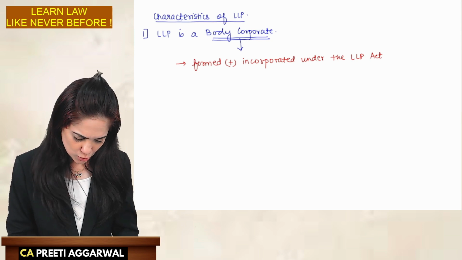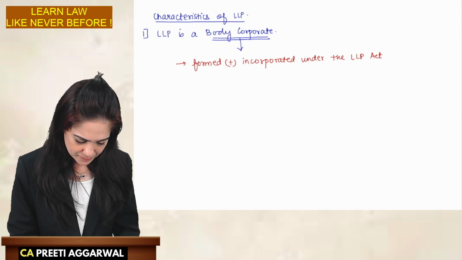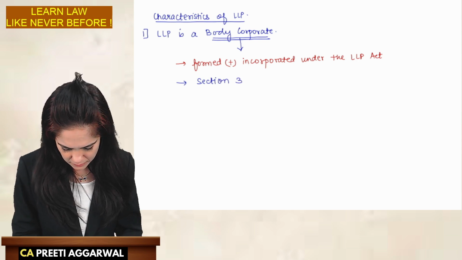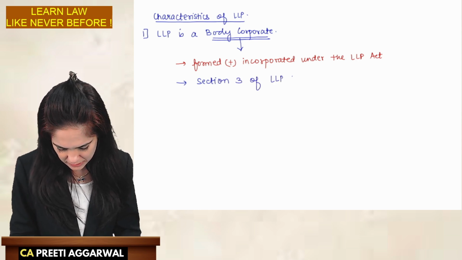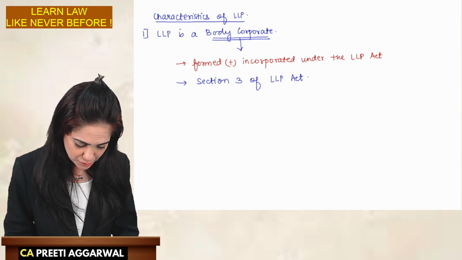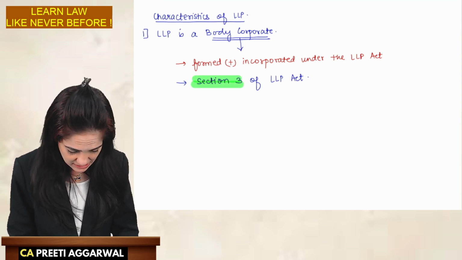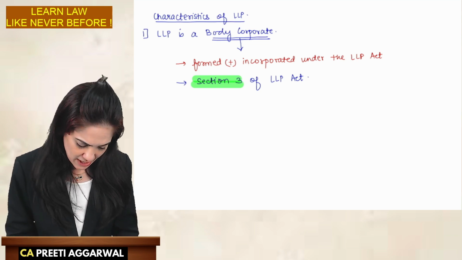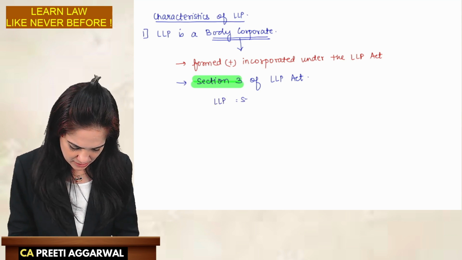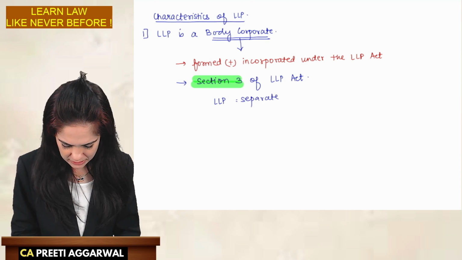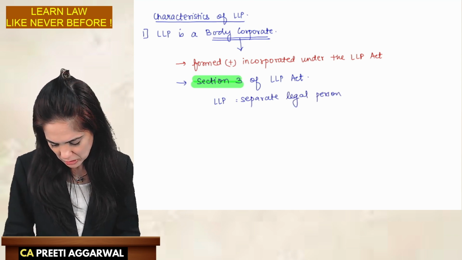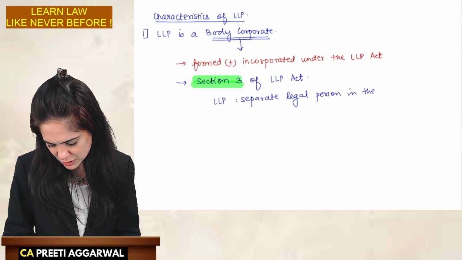Yes. So it is formed, it is incorporated as per section 3 of the LLP Act. Now, do we need to remember section 3? Yes, you need to memorize that section 3 says LLP is a separate legal person in the eyes of law.